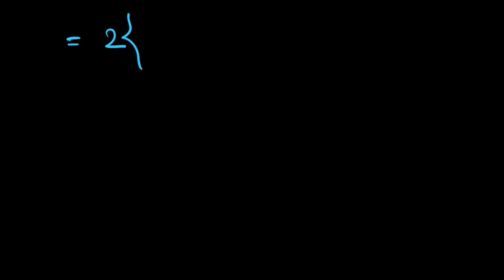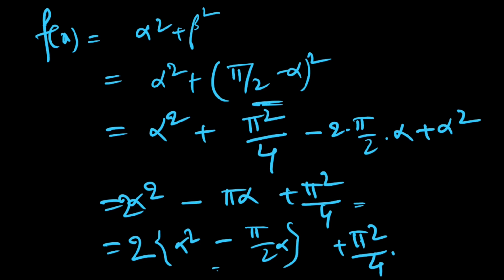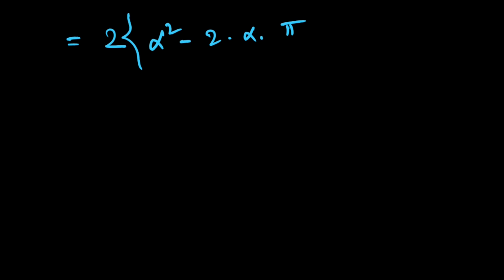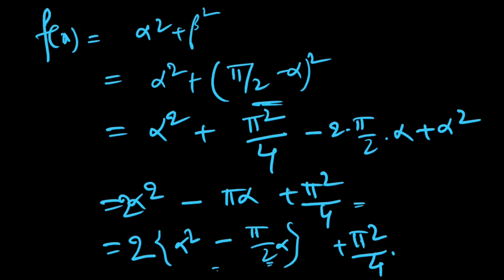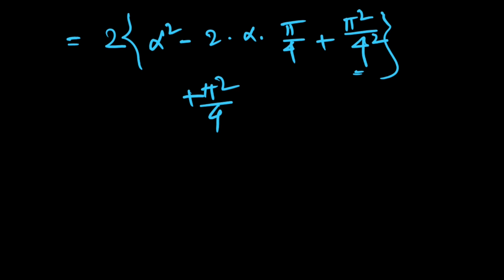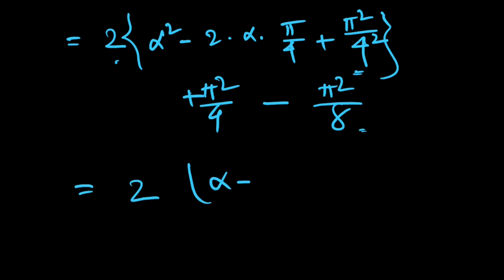So that is alpha square minus 2 into alpha into pi by 4, that is (alpha minus pi by 4) whole square, and pi square by 16 is the remaining term that we added forcefully, so we subtract it. Since it is multiplied by 2, 16 is cancelled by 2, so it is 8. Therefore it is 2 times (alpha minus pi by 4) whole square plus, taking the LCM, the value is pi square by 8.